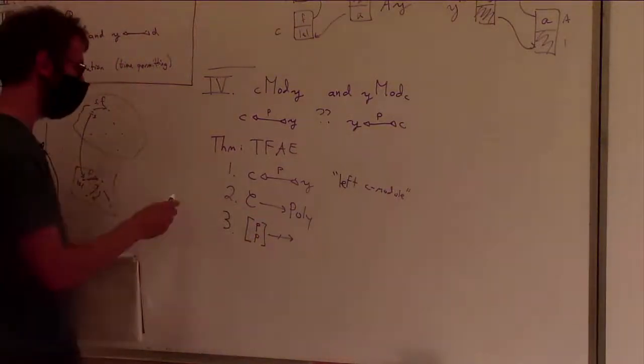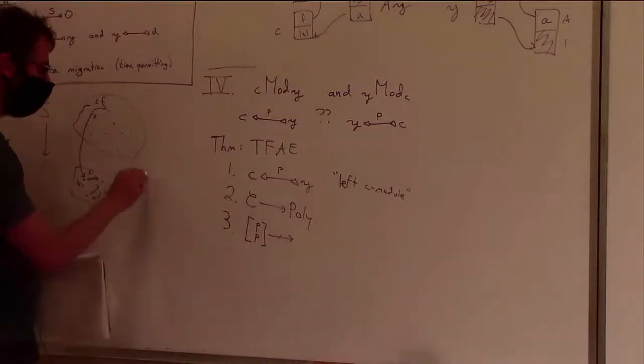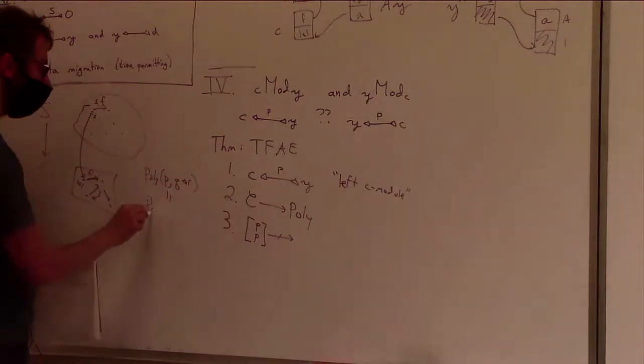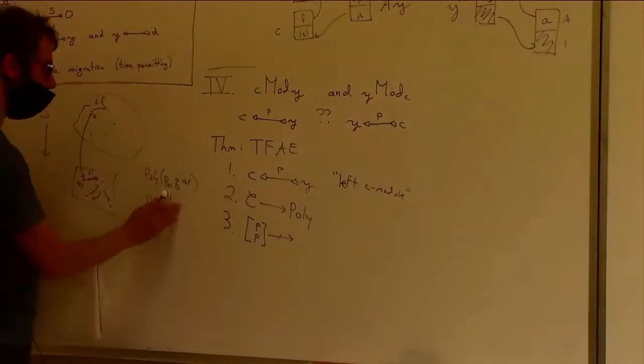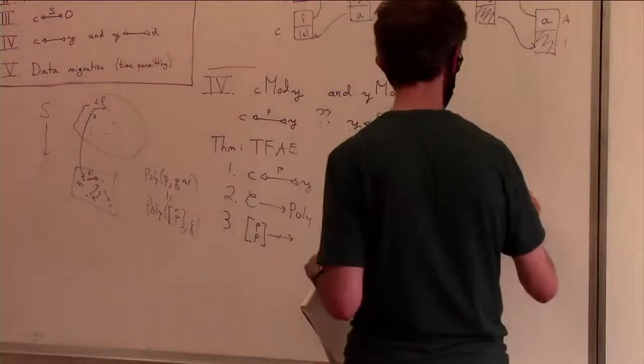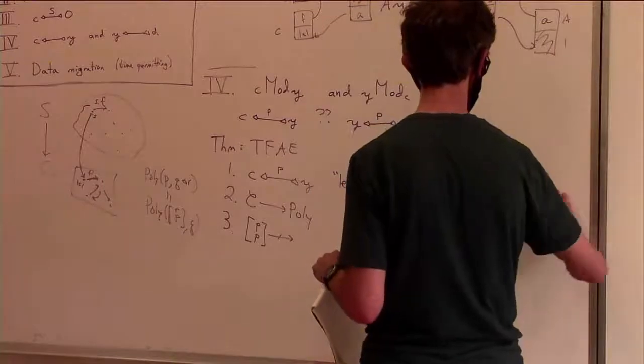It was like polymaps from P to Q composed R is the same thing as polymaps from what we denote R P to Q. And here we have this map from P to P to C composed P.